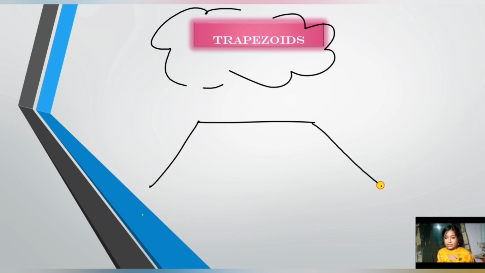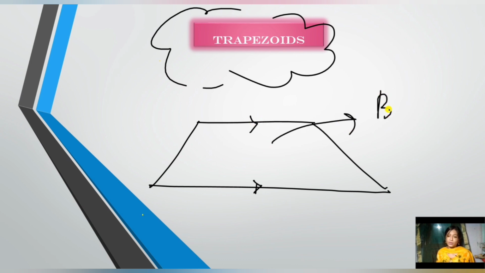So now let me tell you, a trapezoid, also known as trapezium, is a flat closed shape having 4 straight lines with one pair of parallel sides. You can see there is only one pair of parallel sides and the other 2 sides are not parallel to each other. Now the parallel sides are called bases, and the non-parallel sides are called legs.